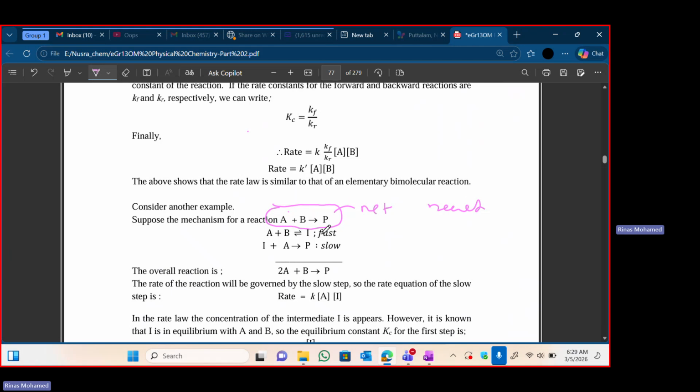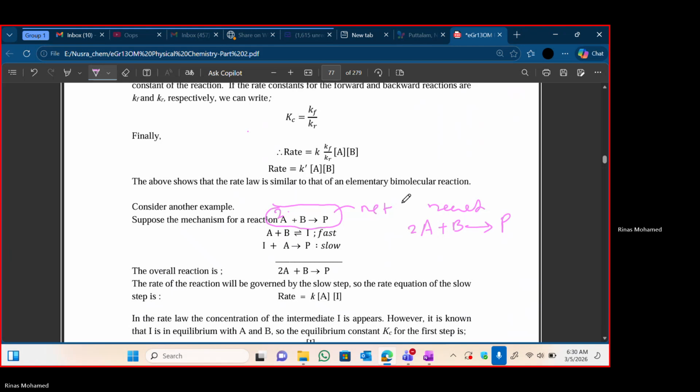It's a net reaction, but there is a fast equilibrium step and a slower step, so a pre-equilibrium case also exists. In the faster step, A plus B gives an intermediate. Then the intermediate reacts with another A to give P. Net reaction is 2A plus B gives the product. They have not put 2 in front of A. You can mark that.